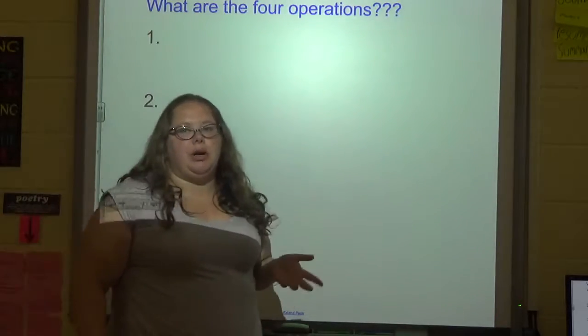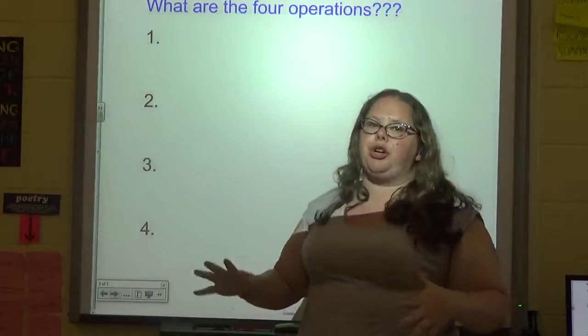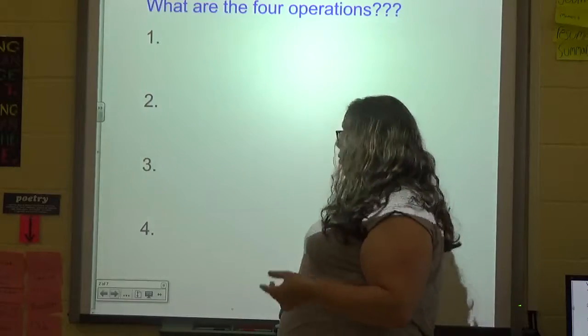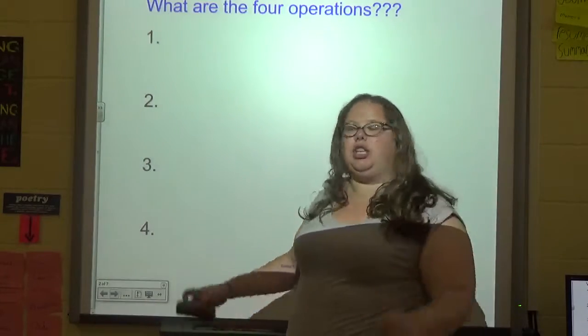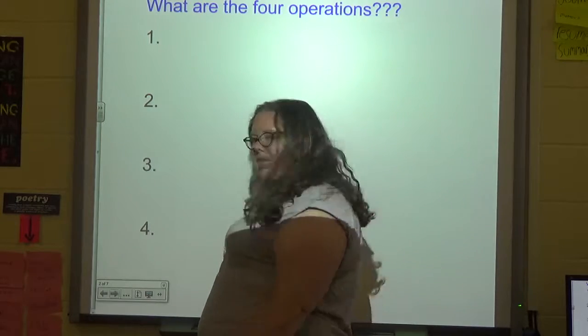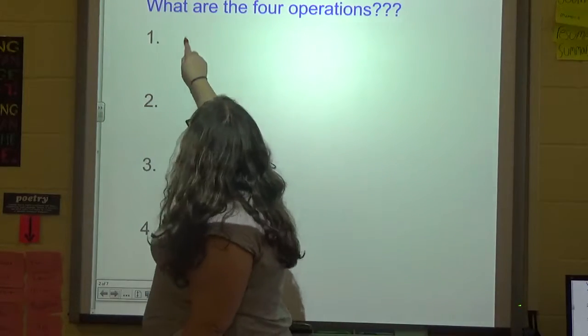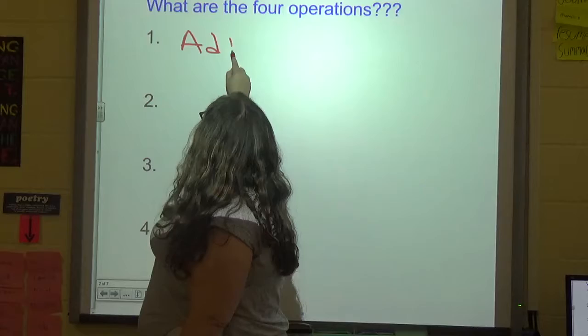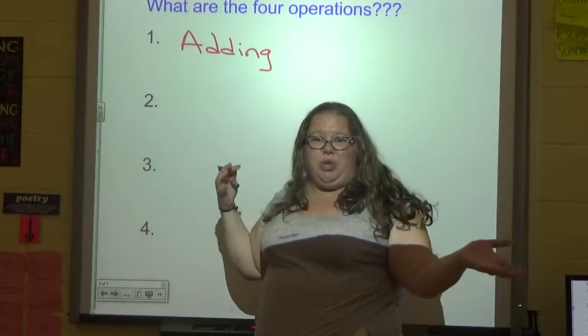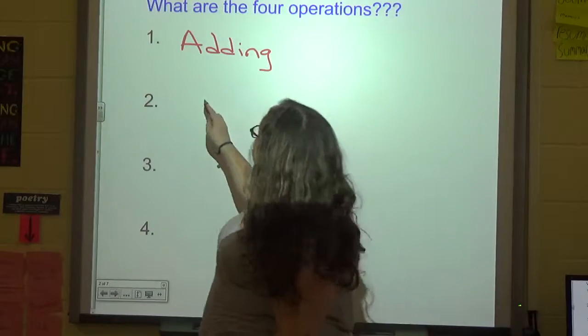Alright, so the first question I want to ask is, what are the four operations we use when we do math? The first one we usually learn in first grade is adding. And then after adding, we always do the opposite of that, which is subtracting.